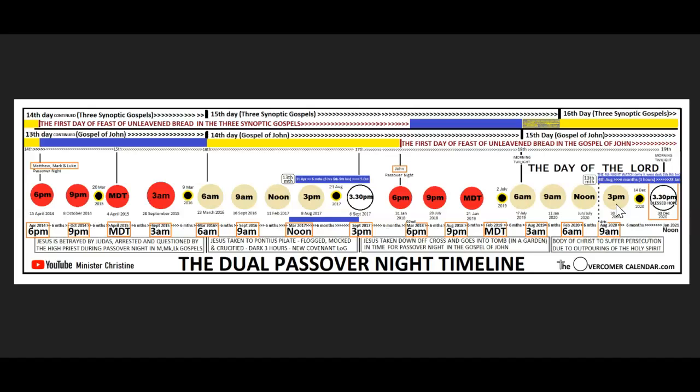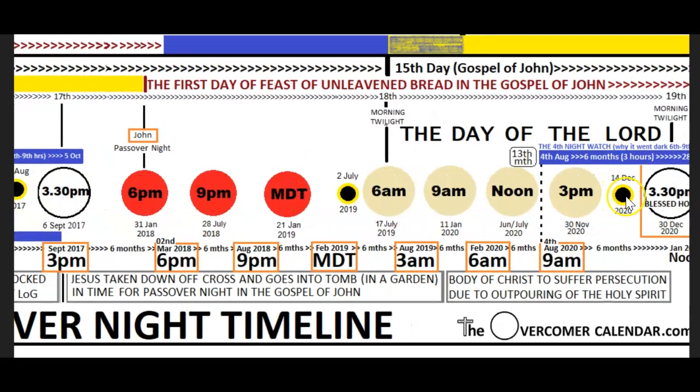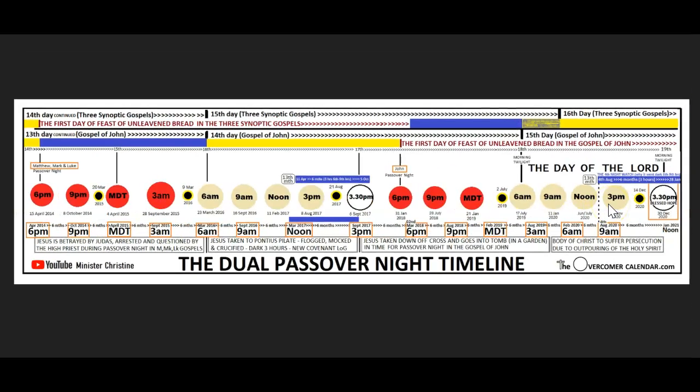And then 2 weeks later, we've got the total solar eclipse, which is going to be seen on the 14th of December around Chile and Argentina area. And this one is the 5th and final total solar eclipse on this timeline. And these total solar eclipses are signs for nights.